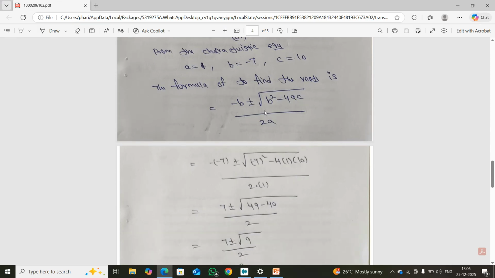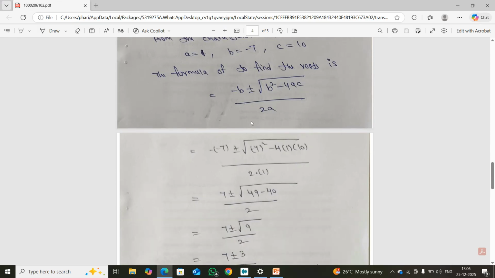By using this formula, minus b means minus of minus 7, plus or minus square root of (minus 7) whole square minus 4 into a, that is 1, into c, that is 10, all by 2a. Here a equal to 1, so 2 into 1.